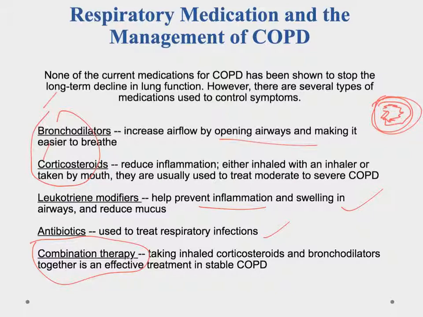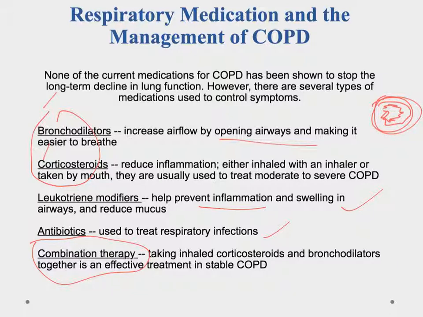This is how a lot of pulmonologists teach their patients to take a steroid inhaler. Usually it's once a day. It's a maintenance drug that they just take once a day. So they'll tell them to take their inhaler and put it in the bathroom by their toothbrush. When they get up in the morning, they take their inhaler, using the proper technique, and we'll talk about this in class, exactly how to properly use an inhaler.